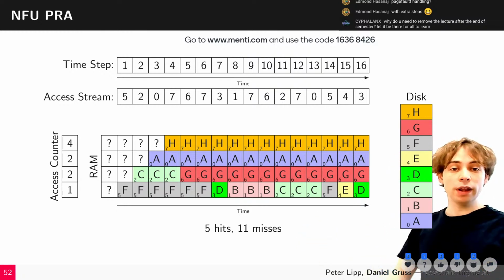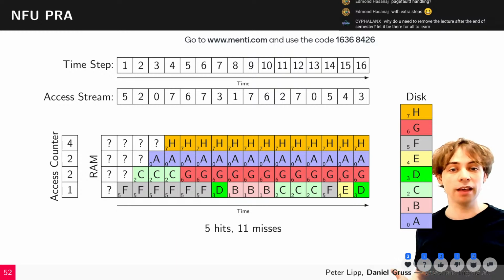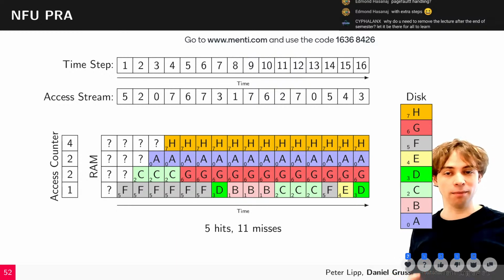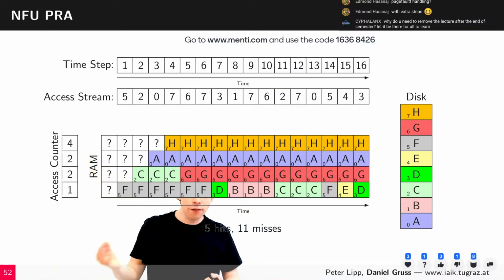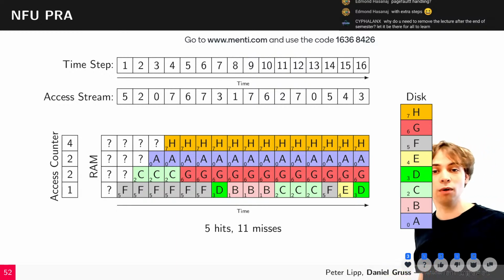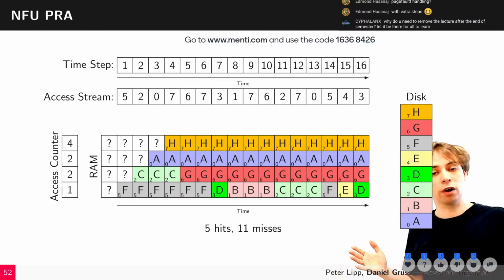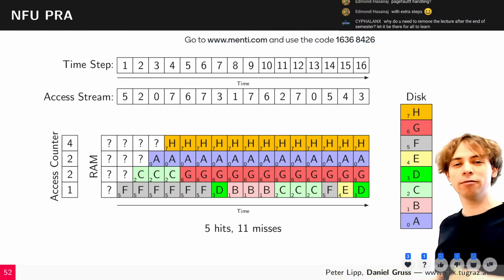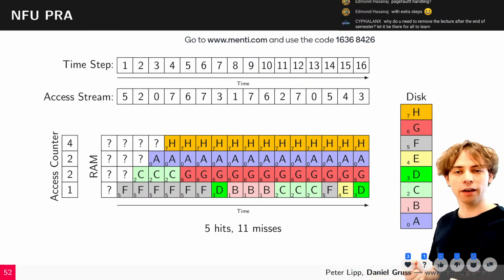So we would need real-world benchmarks to actually assess based on hits and misses whether one or another algorithm is better. And it might change for different systems depending on how much RAM you have. Different algorithms might perform differently, and the workload that you have. So if you have a workload that requires a lot more memory than you have, or if you have a workload that requires just a bit more memory than you have. So different algorithms for different purposes here.